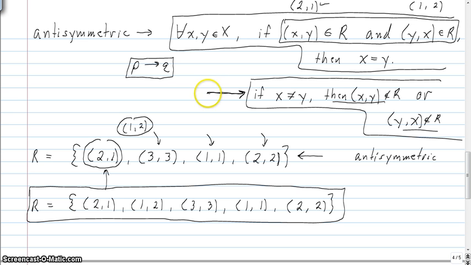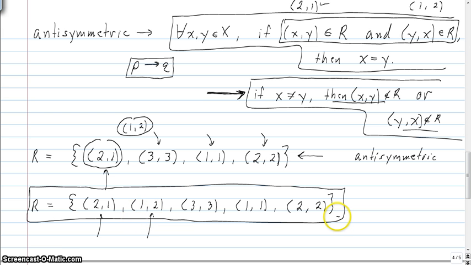If I maybe look here at this second form, maybe it was a little easier to think about. So if I look at this element and this element, because that's where x is not equal to y, then can I say either xy or yx is not in the relation? Well, no, I can't say that this is true because both of these, xy and yx, 2, 1 and 1, 2, are both there.